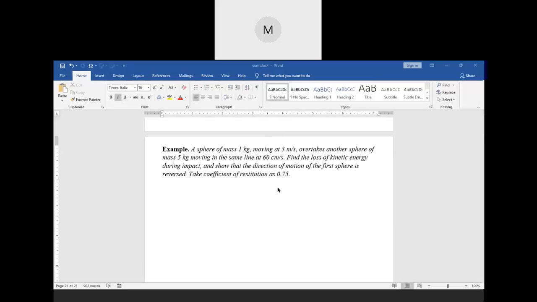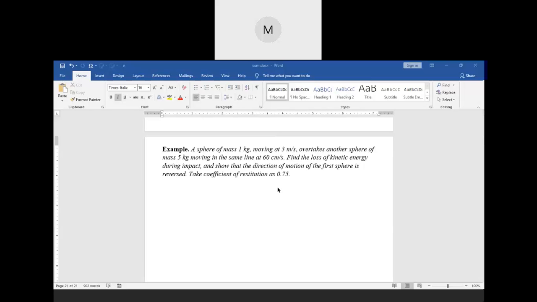The mass of the second sphere, m2, is 5 kg. Initial velocity of the first sphere, u1, will be 3 meter per second.